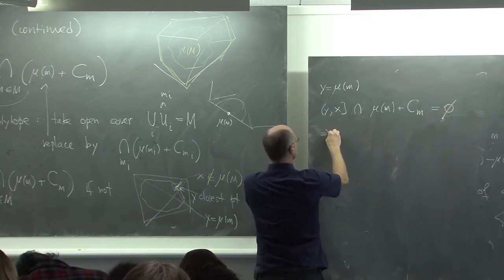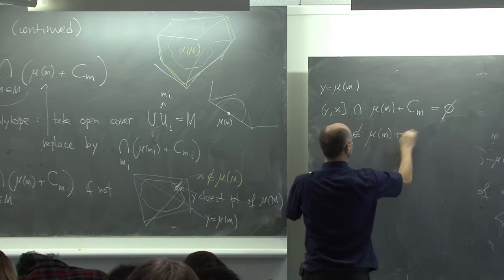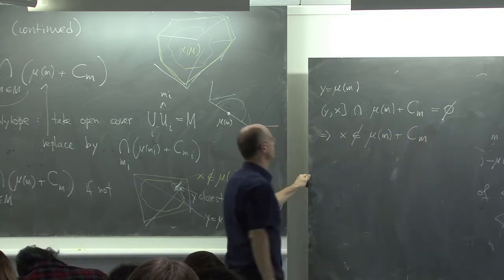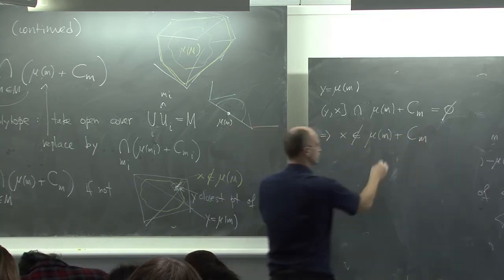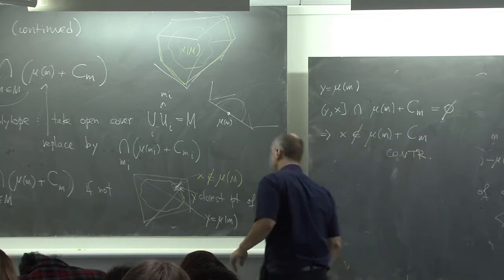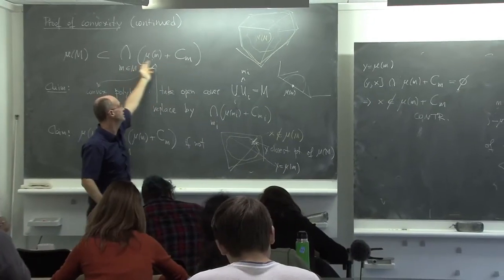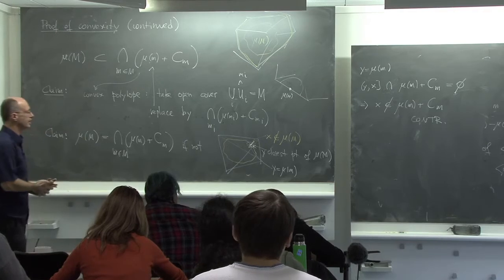So this means that x is not in mu of m plus C_m, and this is a contradiction. Because it was supposed to be in the intersection of all the sets for all m's.